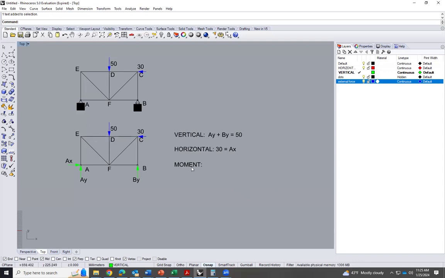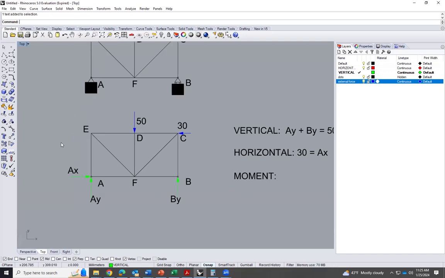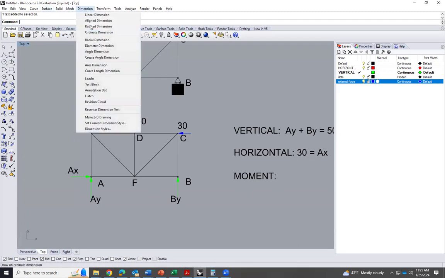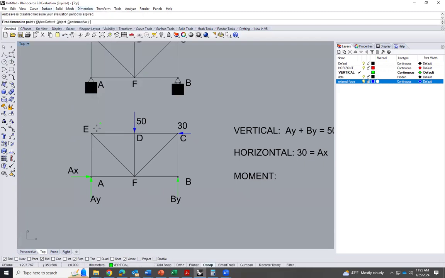And finally, what is the moment? So that's more difficult. And to calculate the moment, to calculate rotation, we need dimensions here. So we're going to set dimensions. So this is going to be 100. This is going to be 100.